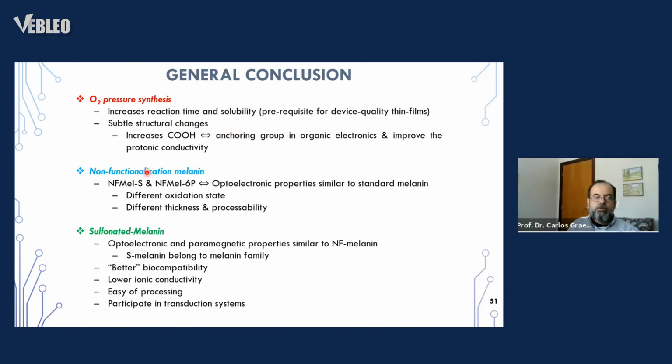We can also use sulfonated melanin, okay, and by this we have a better biocompatibility and lower ionic conductivity. It's easy to process and can be used in practical use.